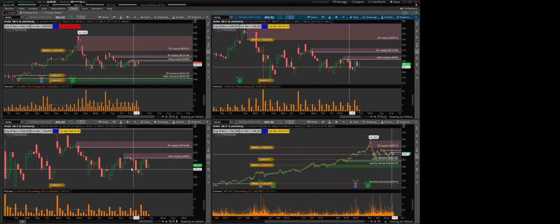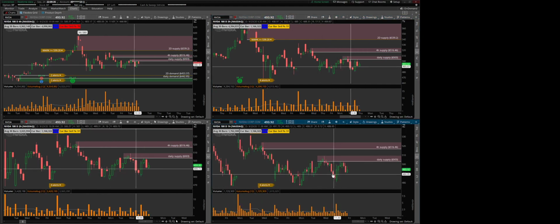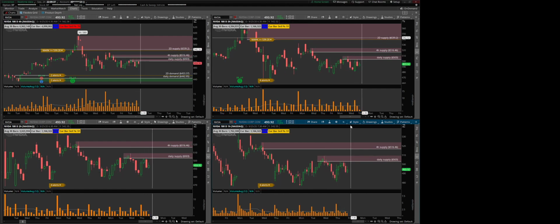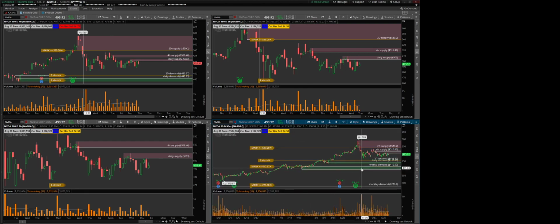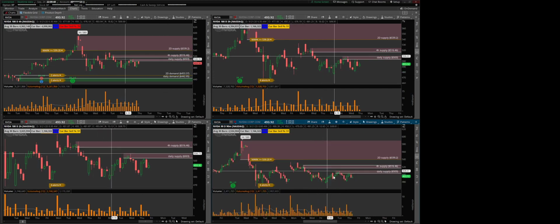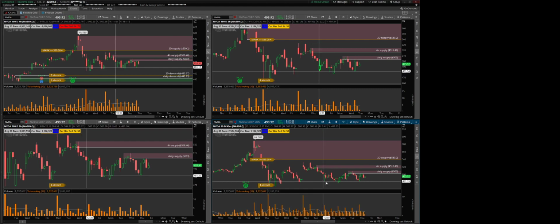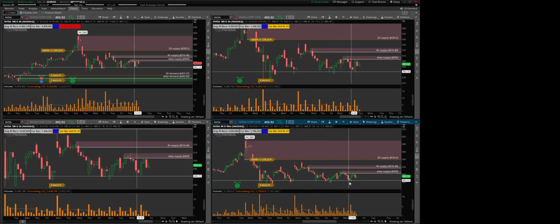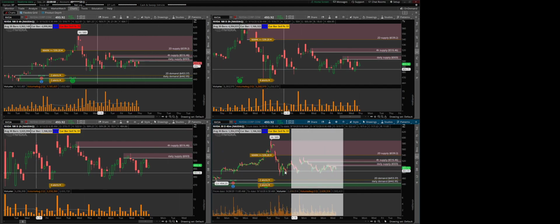So let me show you guys how I would plot this. I would drill down to a lower time frame to see if I can include it. No, still not. We're getting a little closer. We skipped the 90. All right, nothing yet. So let's go down. We were on the 1 hour. Let's go down to the 45.